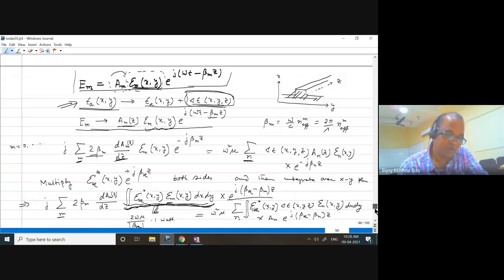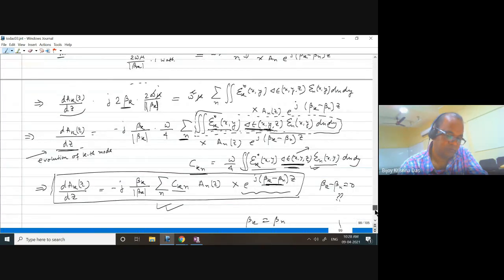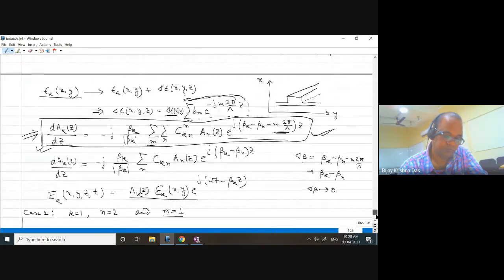Whenever I am considering the perturbation, so this is far away, right? Yeah. So you see, this m, whenever I am putting it here, m can run from minus to 0 and plus minus 1, plus minus 2, all sorts of things can happen.